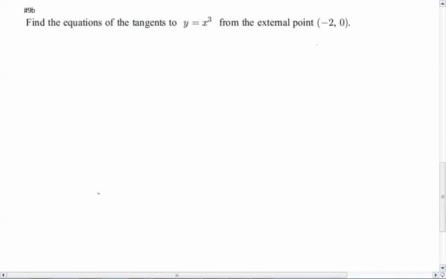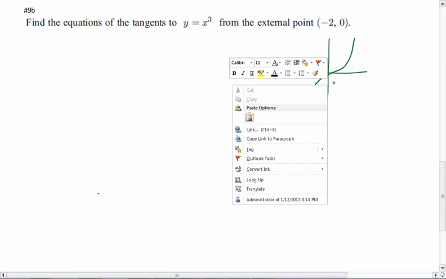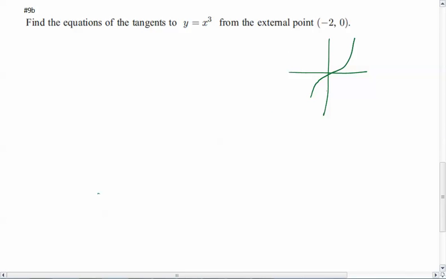All right, if you can just imagine for a minute, here's your graph, which, since it's a cube, looks something like this. The external point -2, 0 is right here. So you can picture one of your tangents being right here.